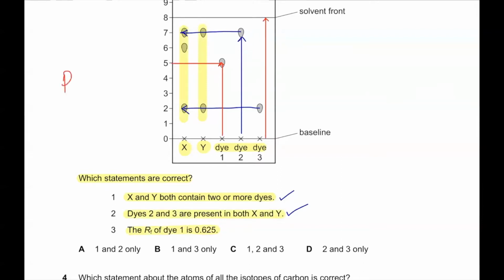So RF for dye 1 will be 5 divided by 8, which is 0.625. So statements 1, 2, 3, all of them are correct. C is the correct answer.